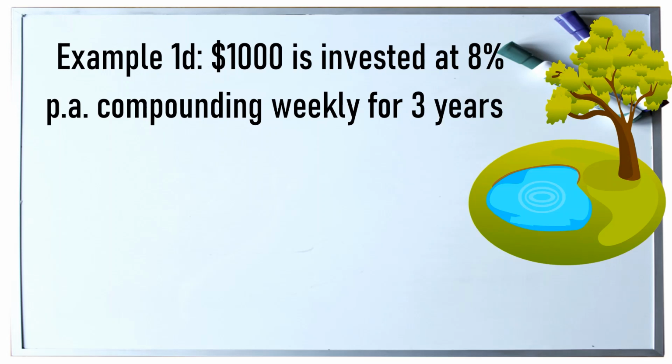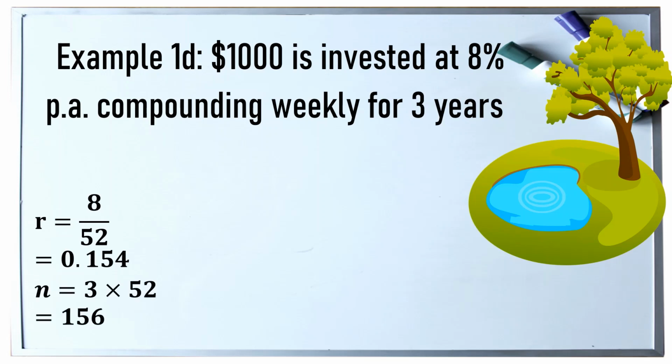$1,271.01. To do this, we can use our normal formula. Our R is 8 divided by 52 weeks in a year. We end up with 0.154. Just keep in mind there's a lot of decimal places there that I haven't included, but I have included in my calculations that follow. N is going to be 3 times 52, so there's 156 weeks in 3 years.